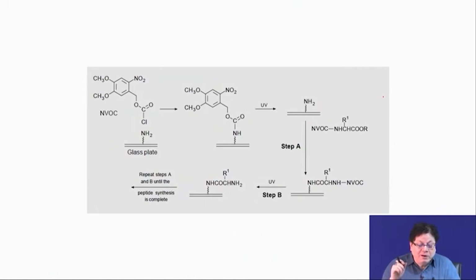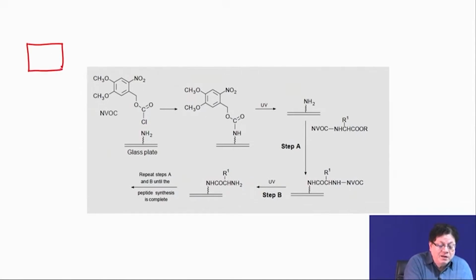Another way you can do is, this is a very good technique, that you have a glass plate. Suppose you have a glass plate, and the glass plates are made of silica. So, using the silica wedge groups, you can hook up an organic species ending up with an NH2.